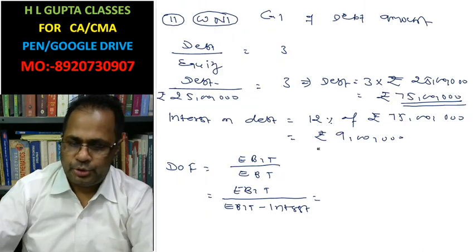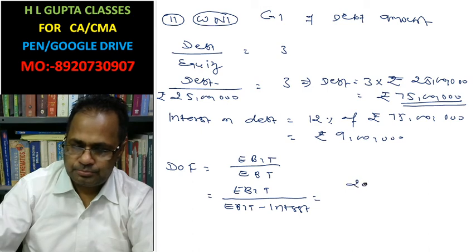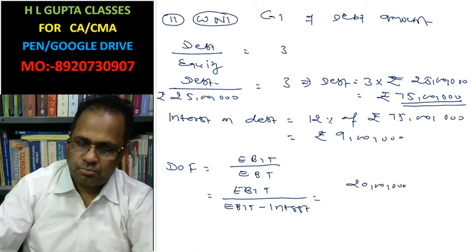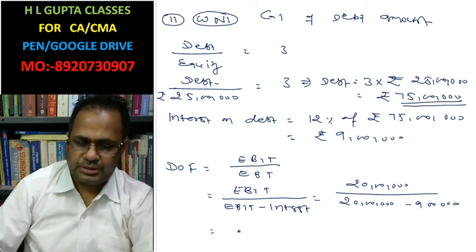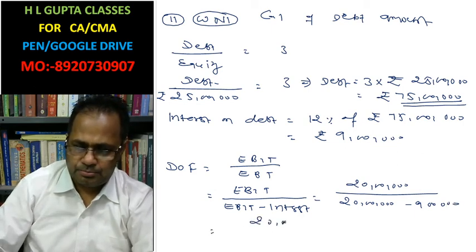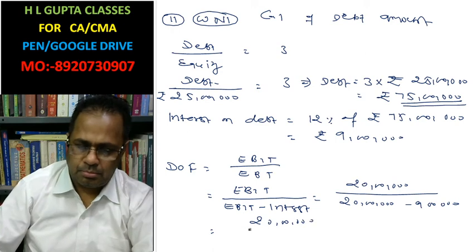Now 20 lakh divided by 20 lakh minus 9 lakh. This is 20 lakh divided by 11 lakh.